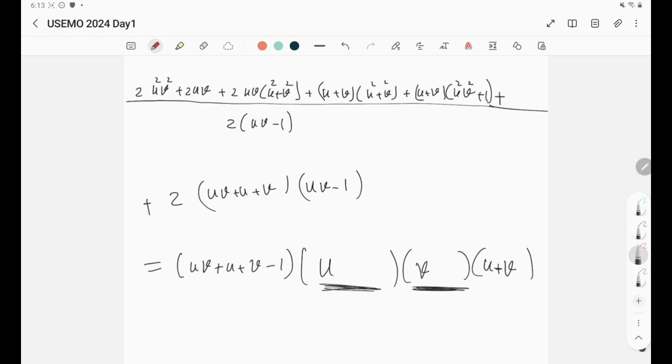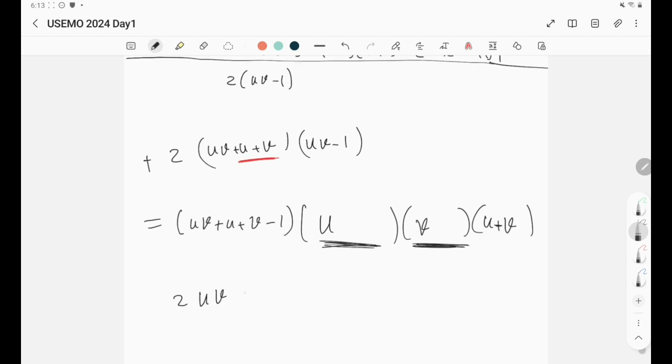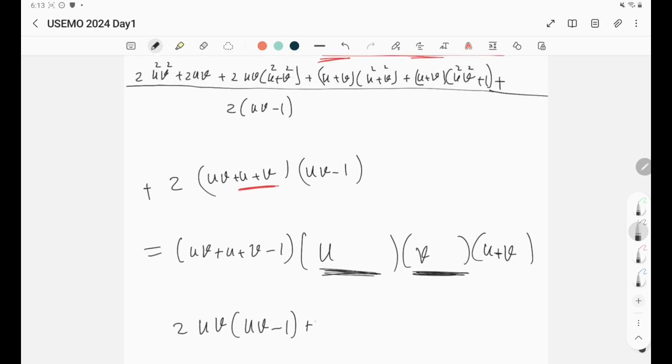So let's actually see. Without expanding, we can know whether, for example, u plus v is a factor or not. If u plus v is a factor, then this thing is 0. Okay, all of this is cancelled. This thing here cancelled. We're going to get 2uv minus 1 plus, okay, if u plus v is 0, then u square plus v square is equal to negative 2uv, right?